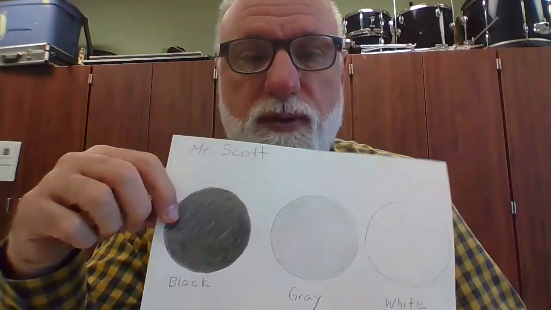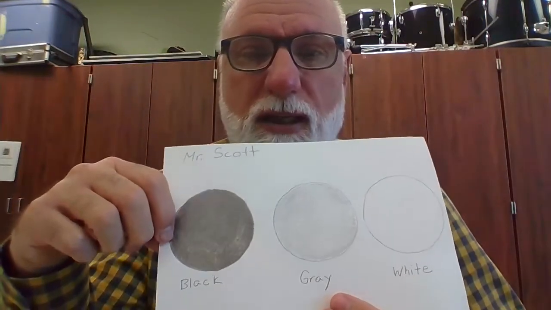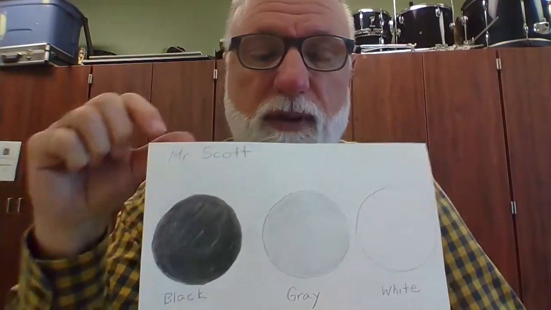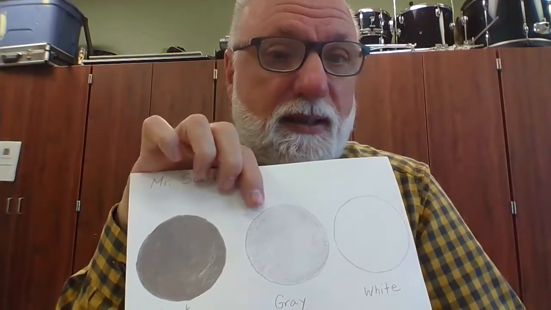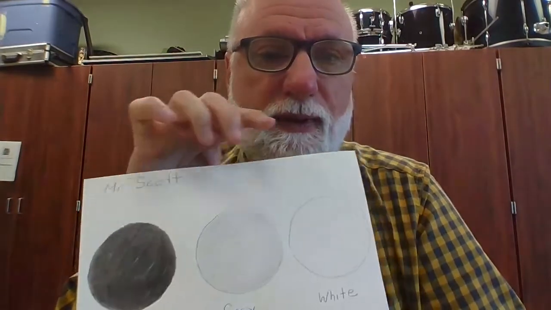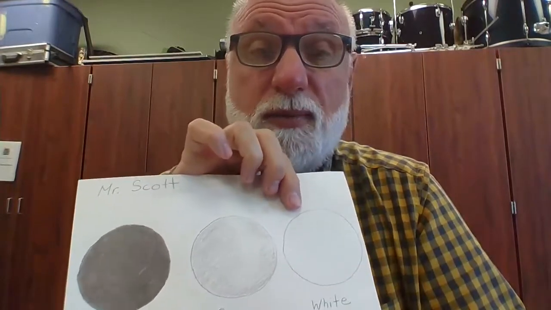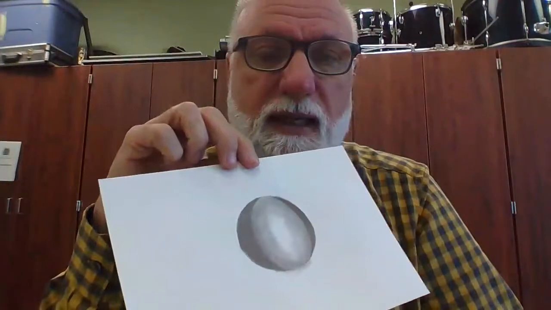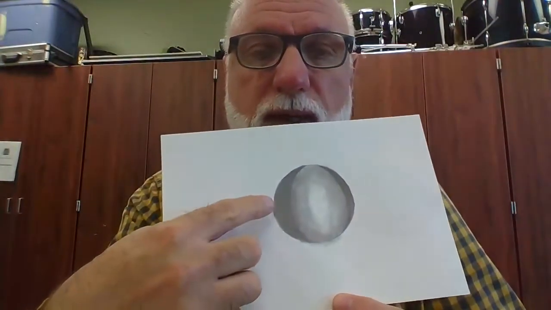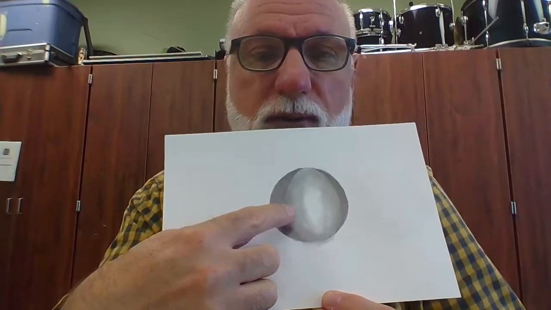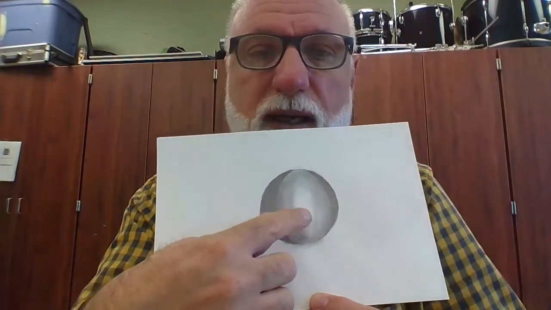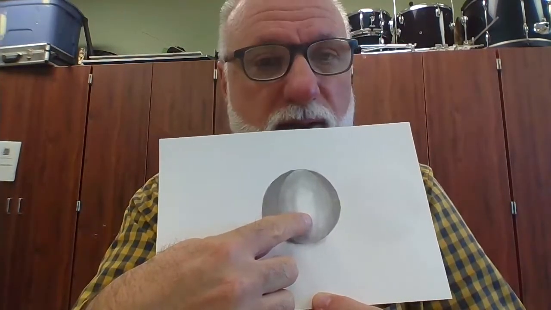3 circles. You're going to practice pushing hard to get a black value. You're going to practice with pushing lightly to get a gray value. You're just going to make a shape to get a white value. And then we're going to see if you can follow those directions and get a black value, a gray value, and a white value inside the circle.